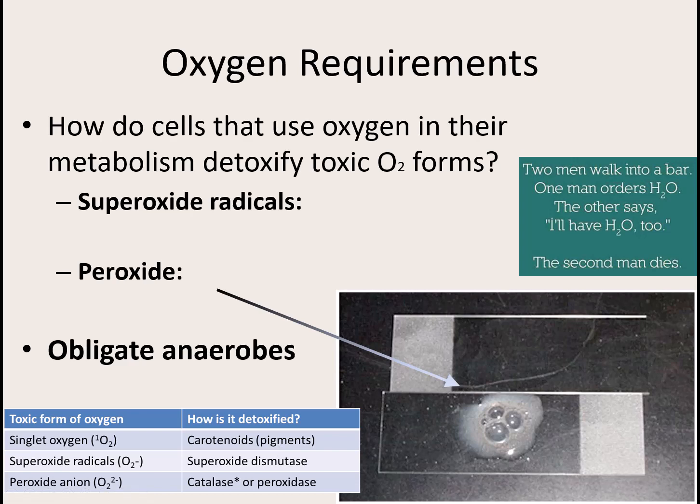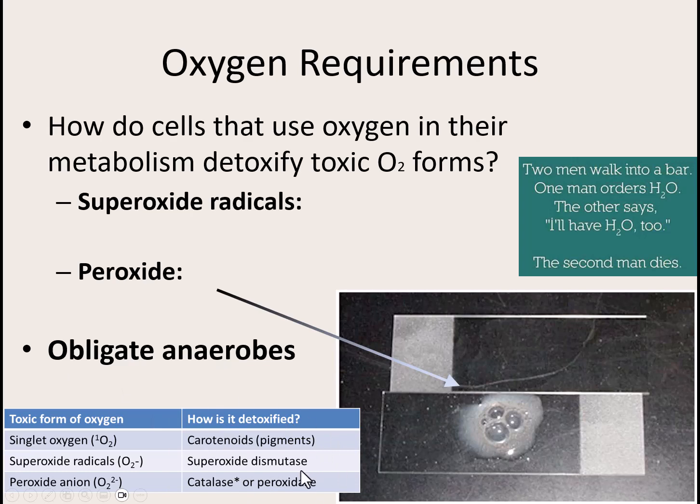So if an organism requires oxygen, they have to know that there are going to be toxic forms of oxygen somewhere occurring during different chemical reactions, so organisms that require oxygen have to somehow have a way to detoxify them. Now, if you're an obligate anaerobe, which means you cannot survive in oxygen, it's because they don't make any of these enzymes.